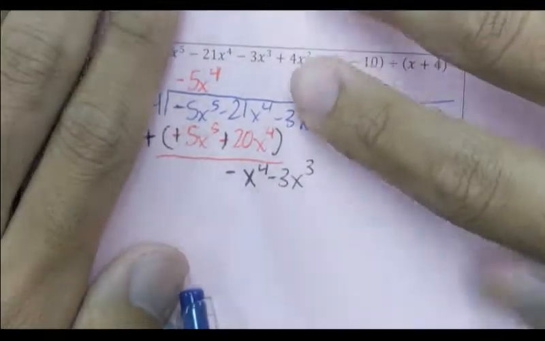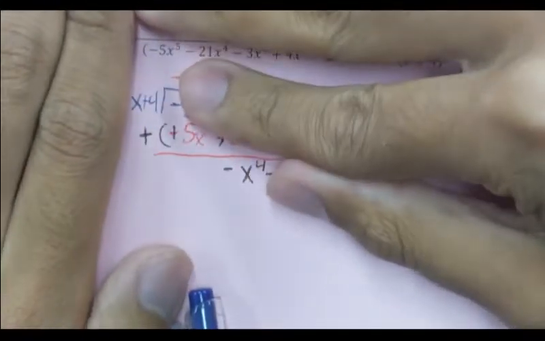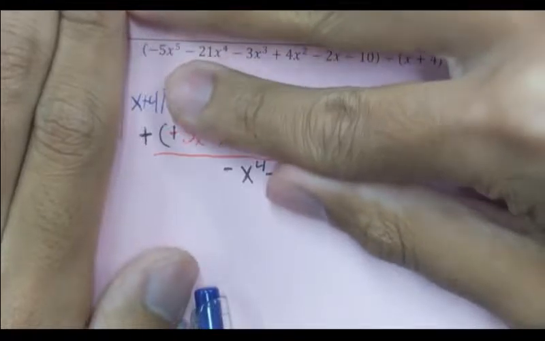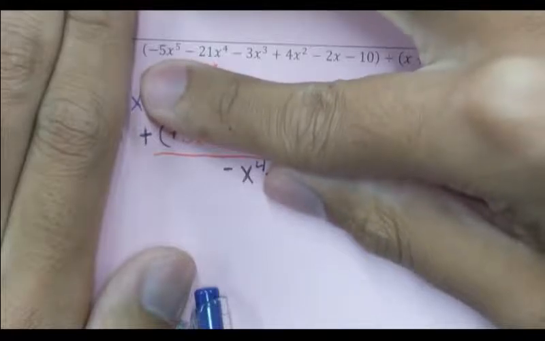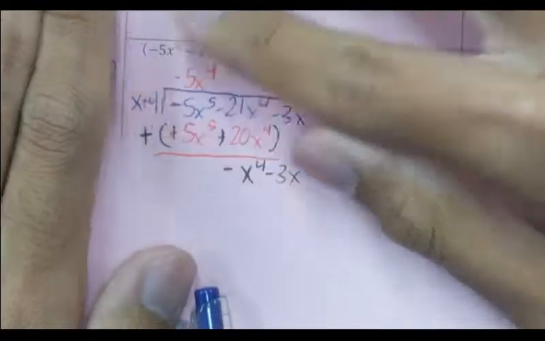Okay, so again, ignoring everything else, my only goal at the moment is to make the x plus 4, or actually really just the x, make this x match the negative x to the fourth. So what do I need to multiply x by to get to negative x to the fourth? I need to multiply it by negative x cubed.